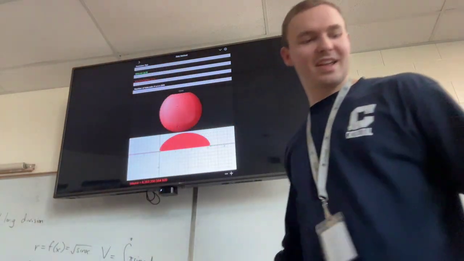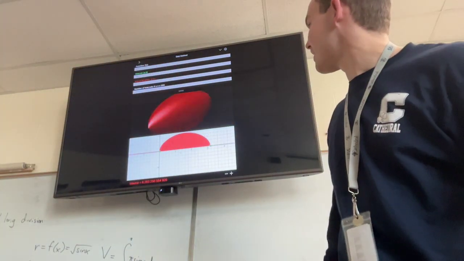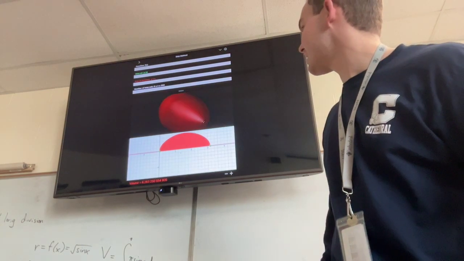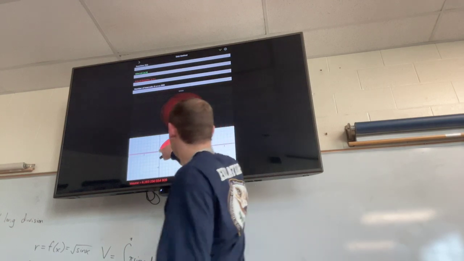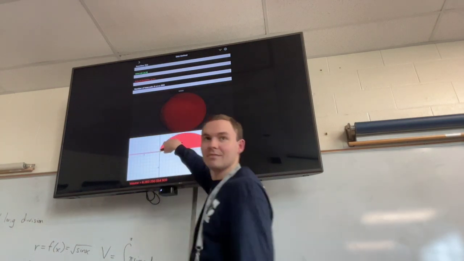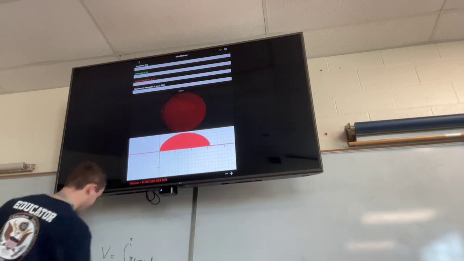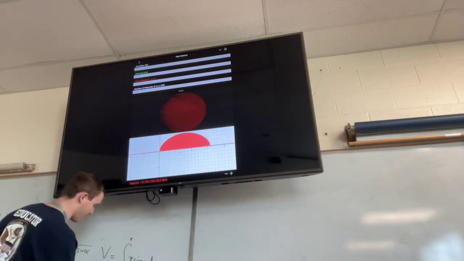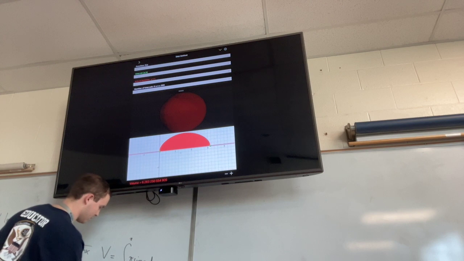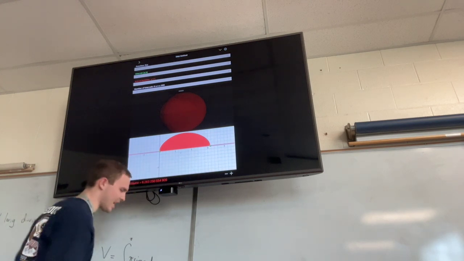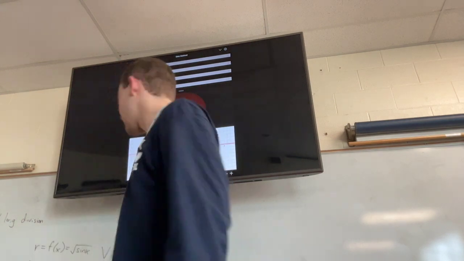Kind of weird, right? This is a big football thingy here. It's a bunch of circles stacked on top of each other, and the radius, from the middle to the top, that's the function. What is this integral? This is pi times the integral from 0 to pi of sine x. What's the antiderivative of sine? It's negative cosine.